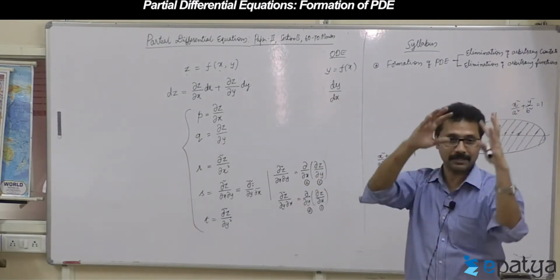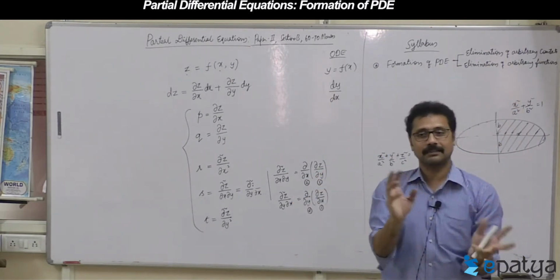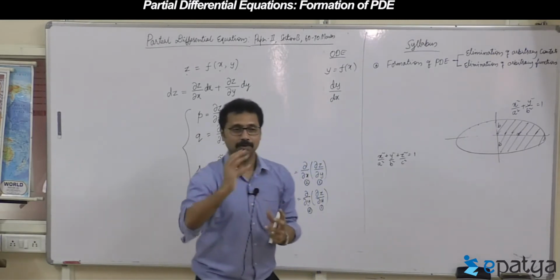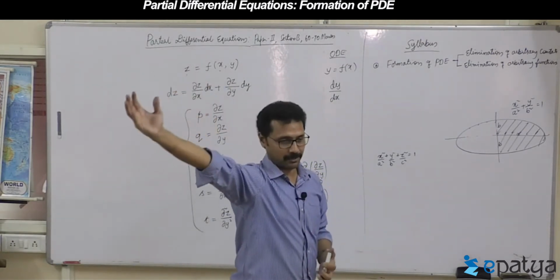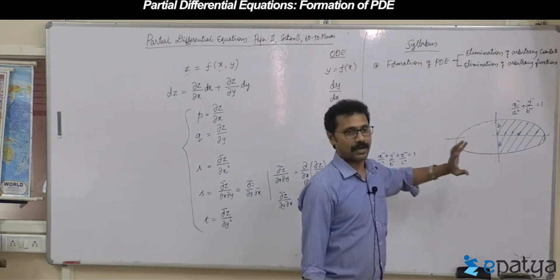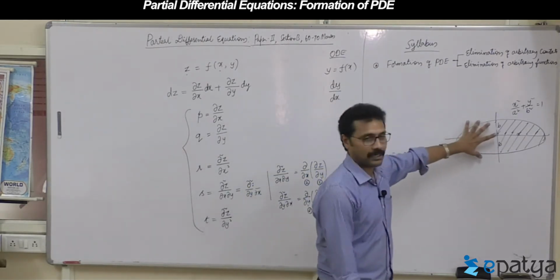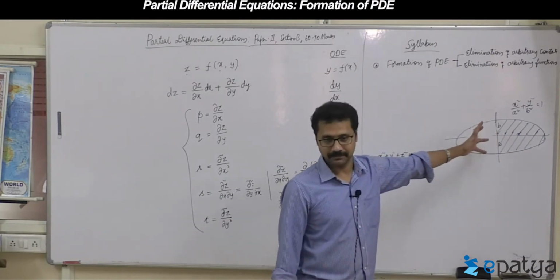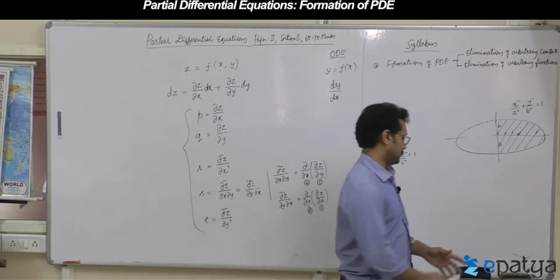I'm trying to expand the discussion. All these things are three-dimensional imaginations. So slowly we will extend to three-dimensional geometry also. Whenever I discuss partial differential equations, I try to see that some kind of three-dimensional imagination is there. Ensure that you have that.